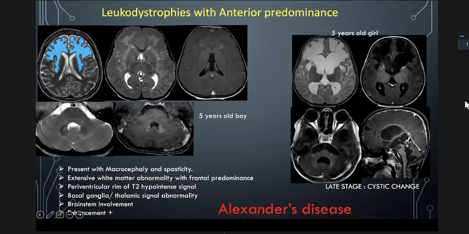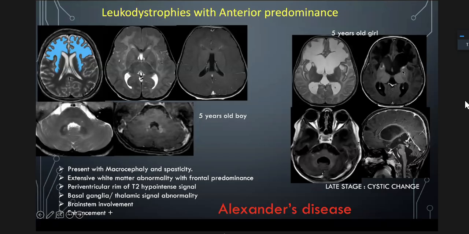Again, this is another child genetically proven to be Alexander's disease, and she presented to us very late. Here we see these cystic gliotic changes bilaterally, again with frontal predominance. The caudate is completely atrophied.